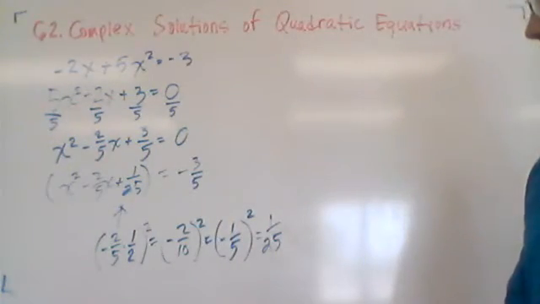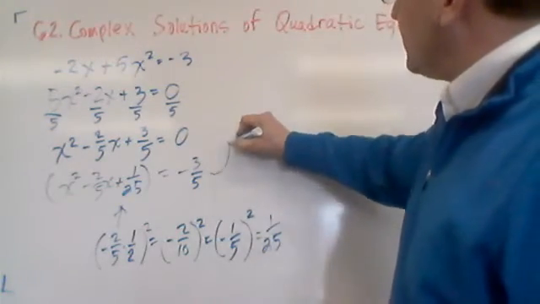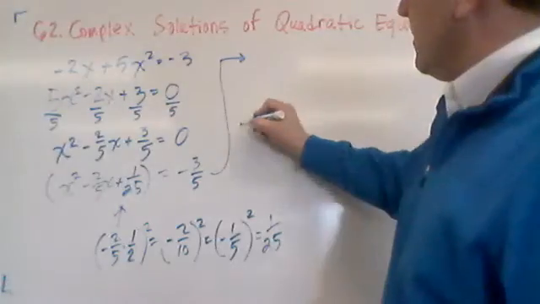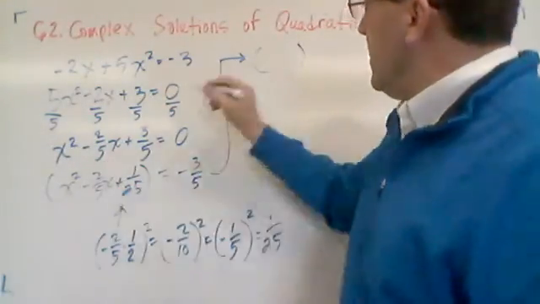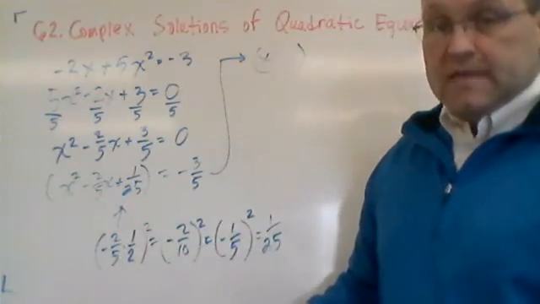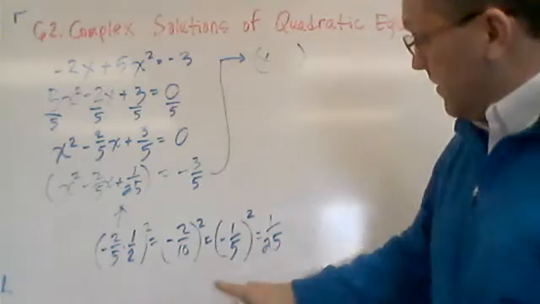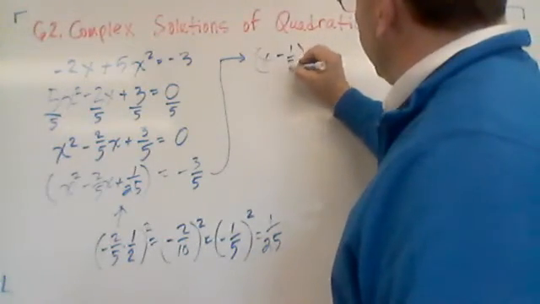Then we can go ahead and factor that trinomial. It factors into a binomial. We take the square root of the first term and the square root of the last term. What was the root we used to derive that number? It was minus 1/5.